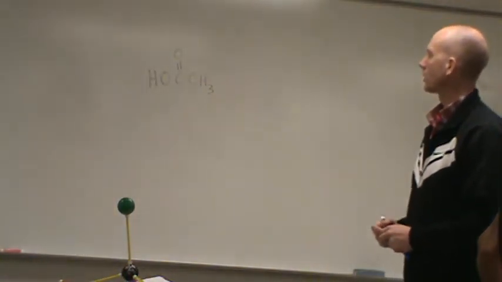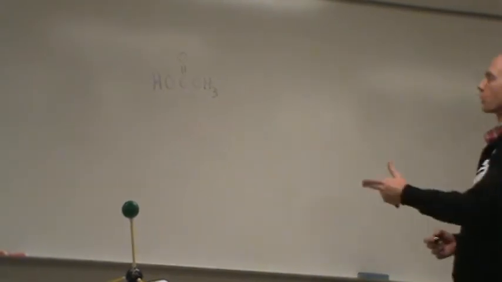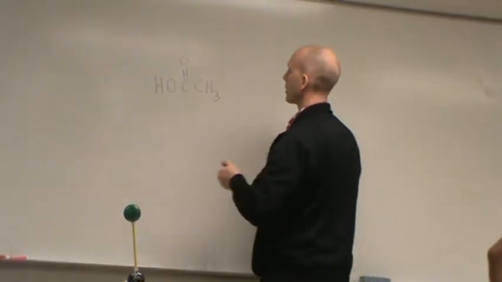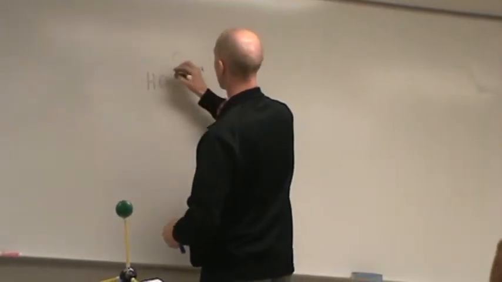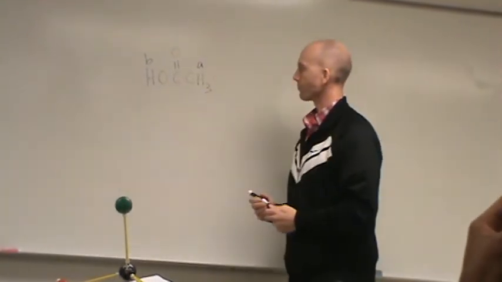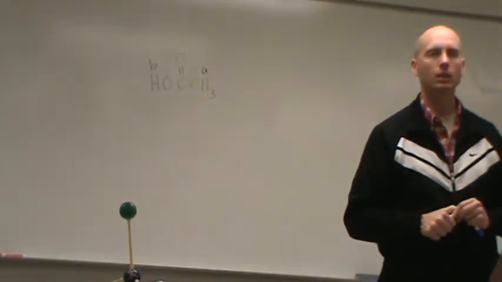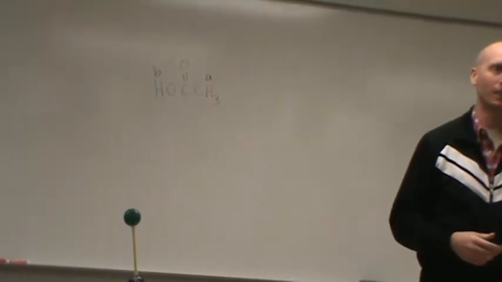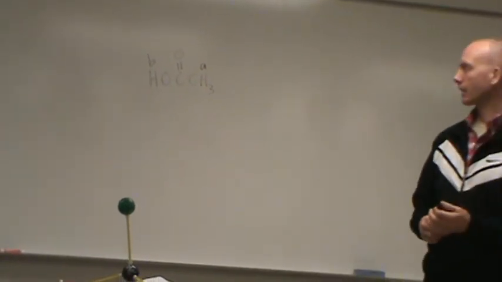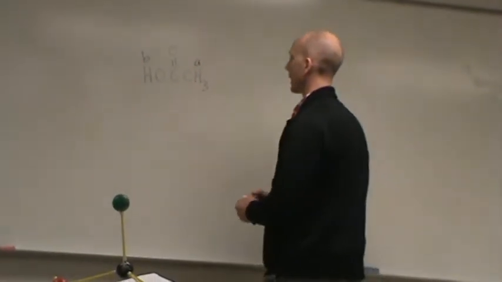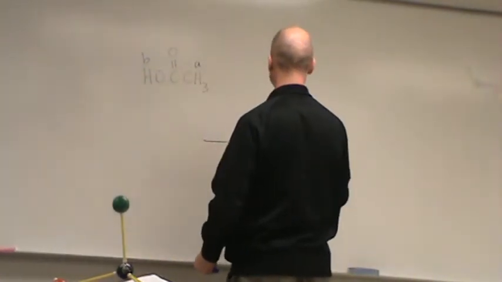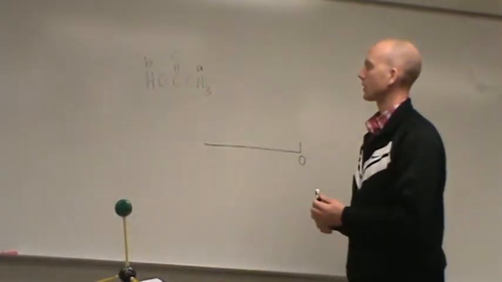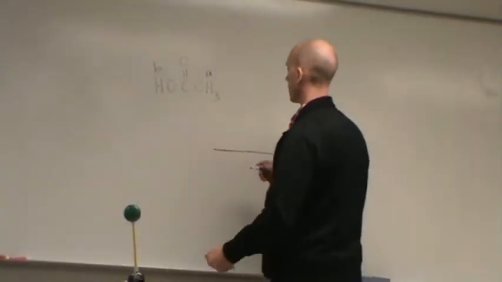Okay. So here, obviously, there's no plane of symmetry, so we get 2 peaks. And which of those 2 peaks should be much more downfield than the other? Okay, the B. In fact, what kind of peak is B? That's, yeah, it's a singlet.